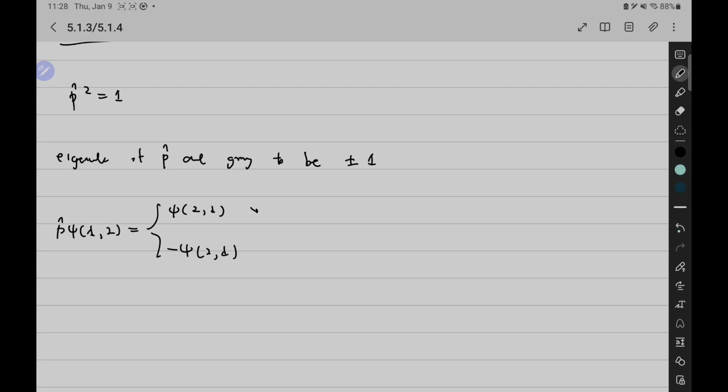In the case of this, it is symmetrical, this is antisymmetrical, and in this case the eigenvalue of P is going to be equal to negative 1. The eigenvalue of P here is going to be equal to positive 1.